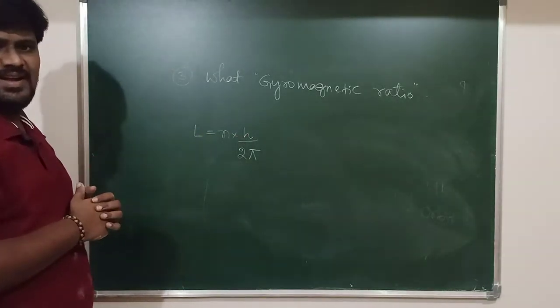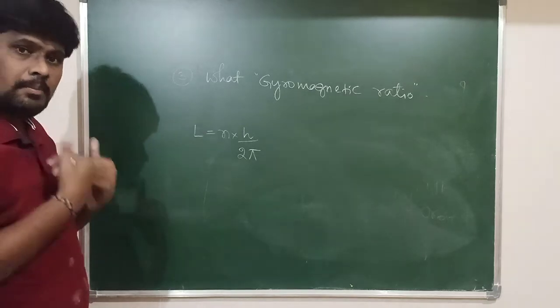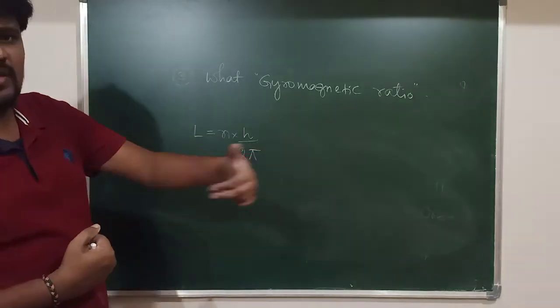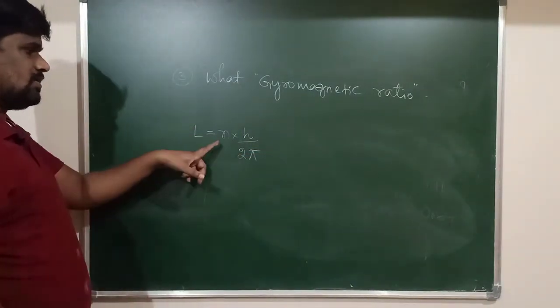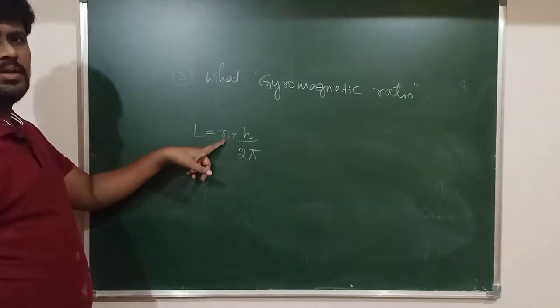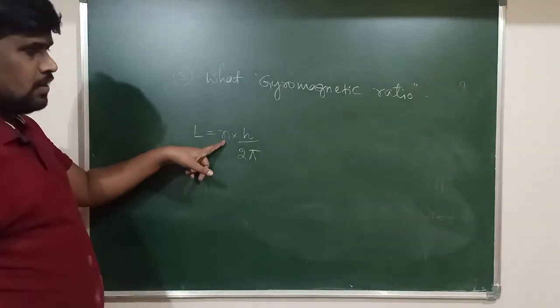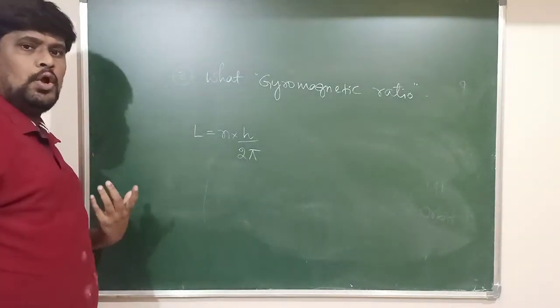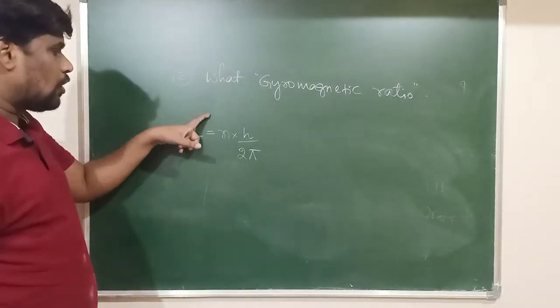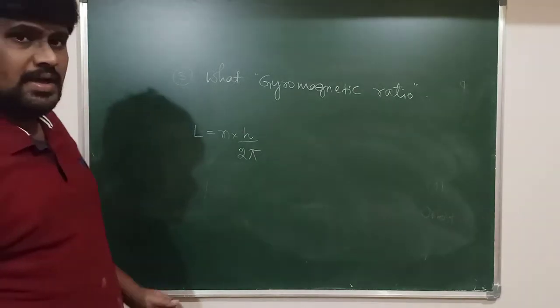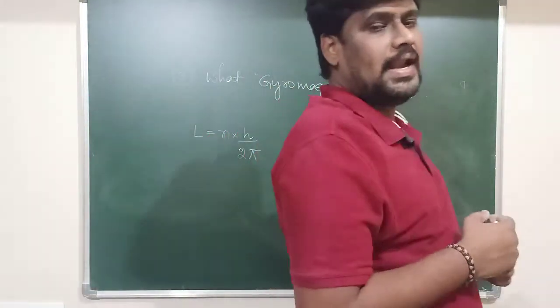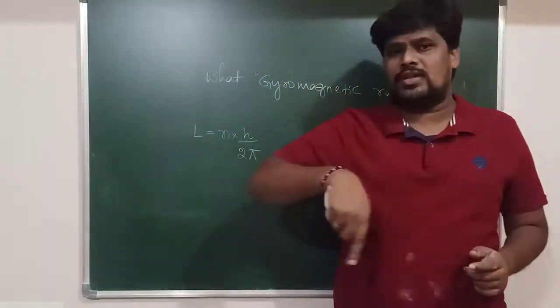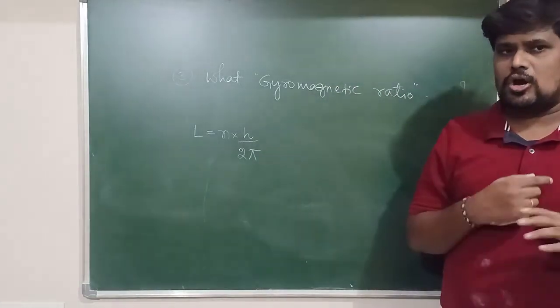What is n here? n is the orbit number at which the electron is revolving. If the electron is revolving in the first orbit, the value of n is equal to 1. If it is revolving in the second orbit, the value of n is equal to 2. So this is the formula used to calculate the angular momentum of the electron which is revolving around the nucleus in a circular orbit.